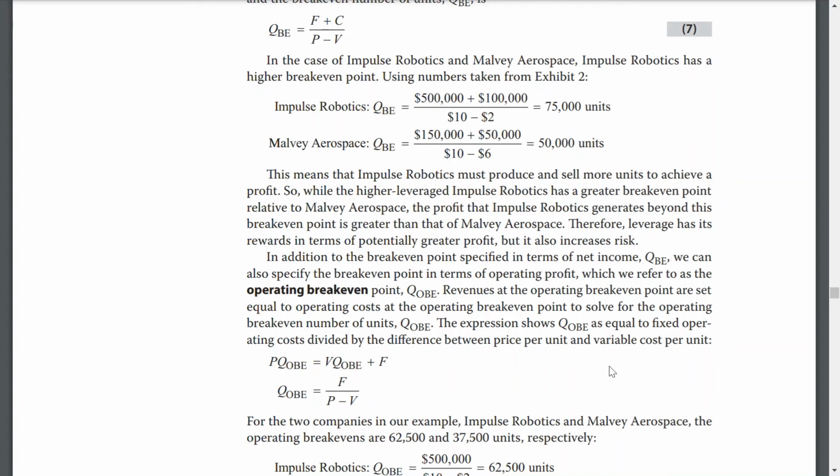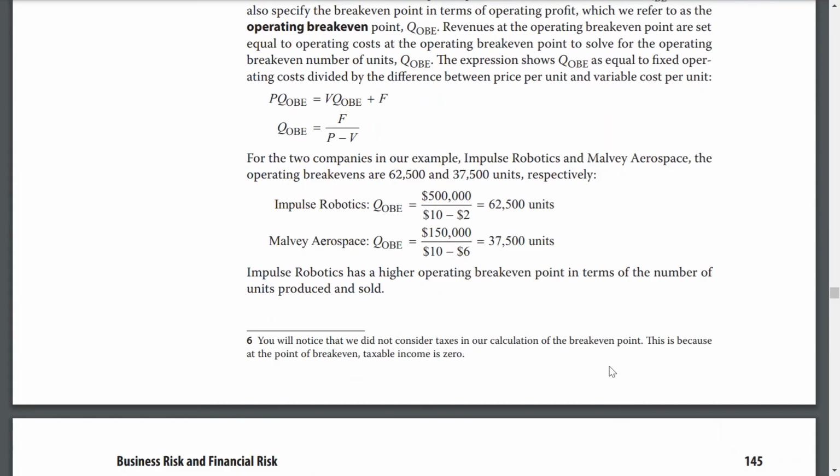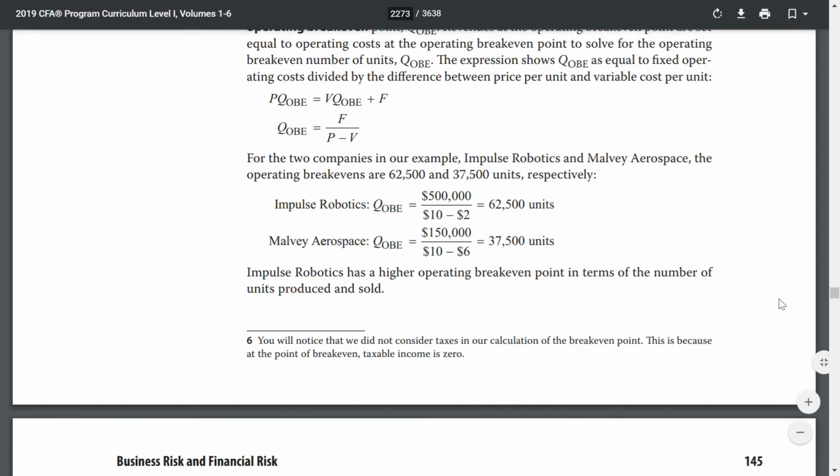The expression shown for QOBE is equal to the fixed operating cost divided by the difference between the price per unit and the variable cost per unit. For our two companies, Impulse Robotics and Marvell Aerospace, the operating break-evens are as such, respectively. Impulse Robotics has a higher operating break-even point in terms of the number of units produced and sold.